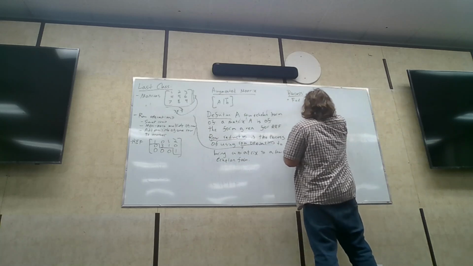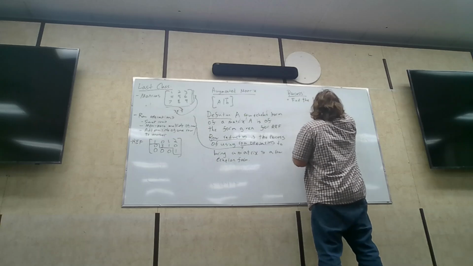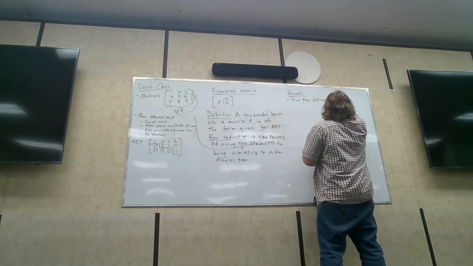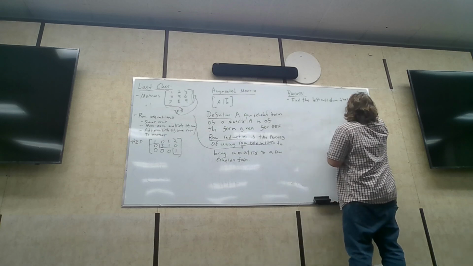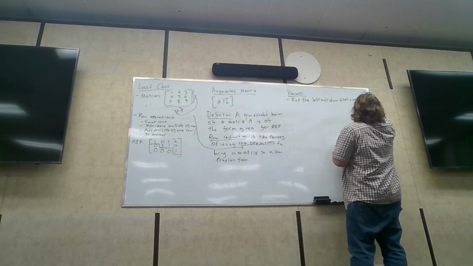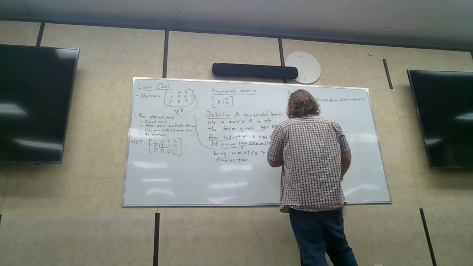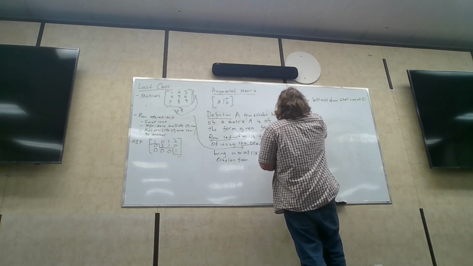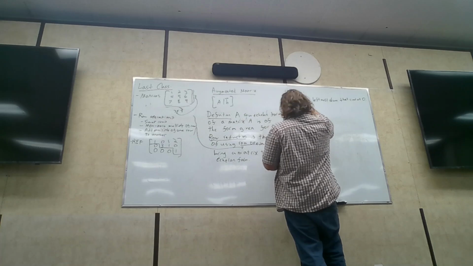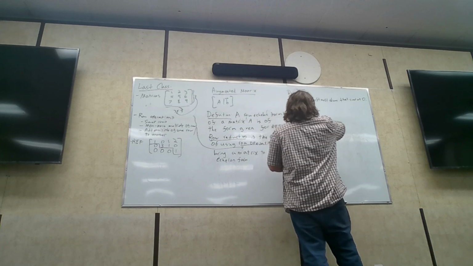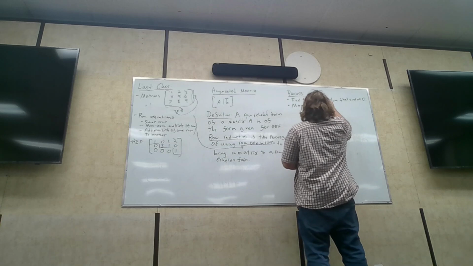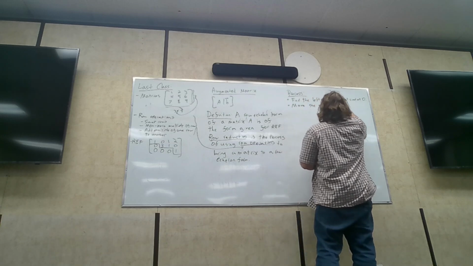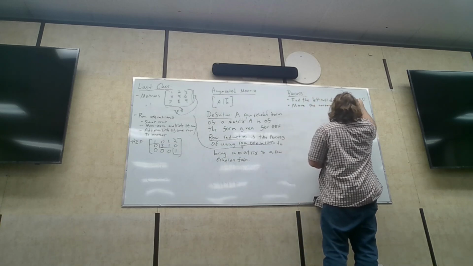So find the leftmost column that is not all zeros. Let's say move the non-zero entry to the top.